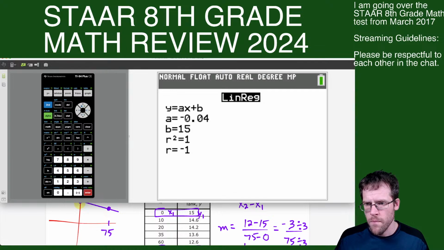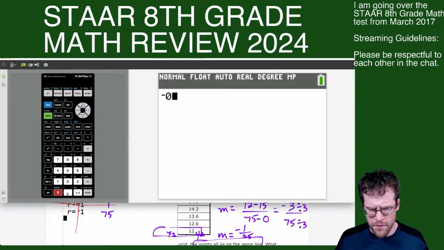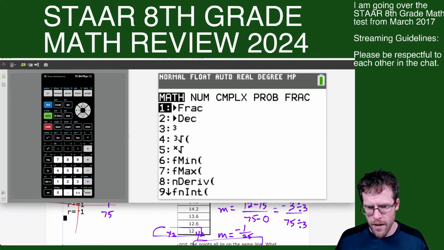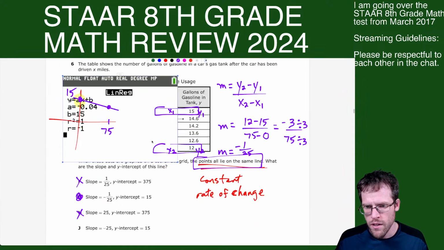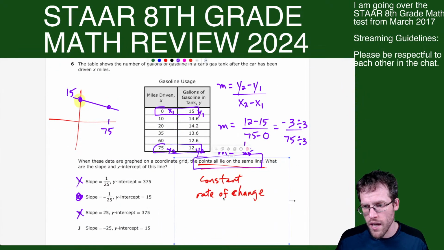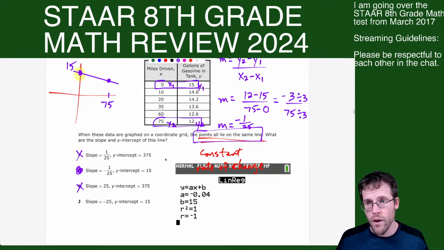The only catch is that the slope A is expressed as negative 0.04. So if I write negative 0.04 and press enter, and then I press math, enter, enter, you see it converts my slope to a fraction just as I need it to match the answers. Okay. So I could, without doing any math by hand, just use the calculator to do everything.